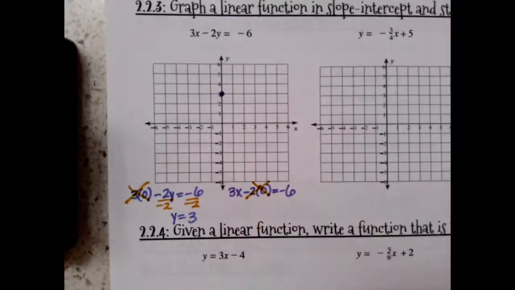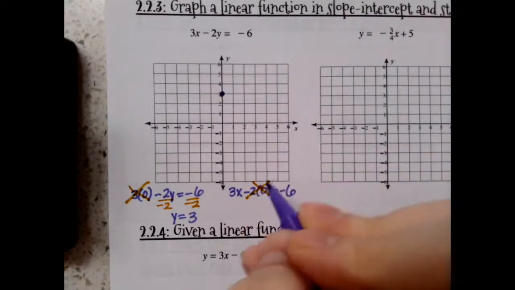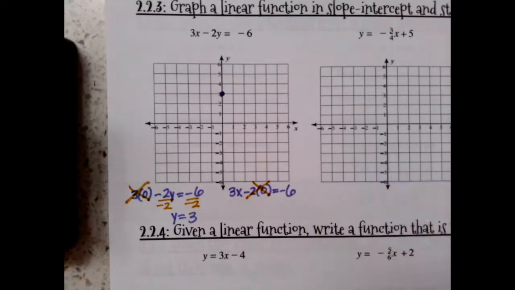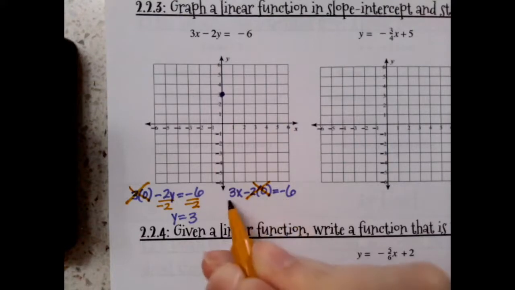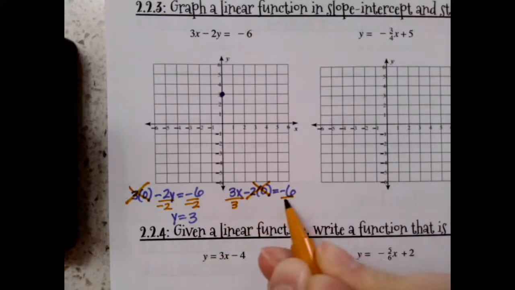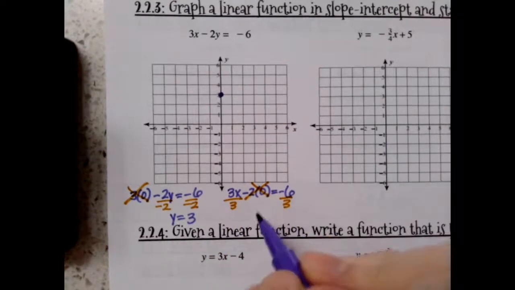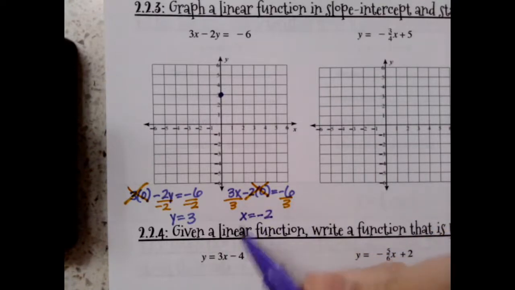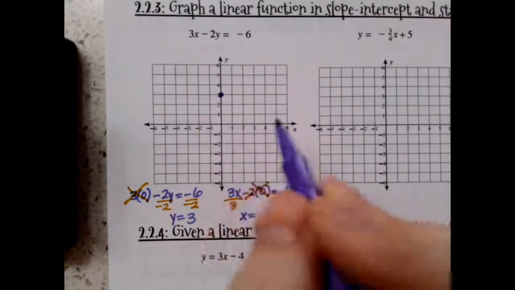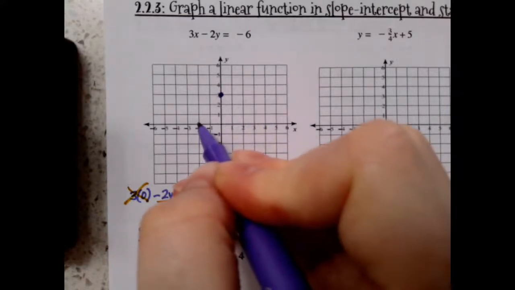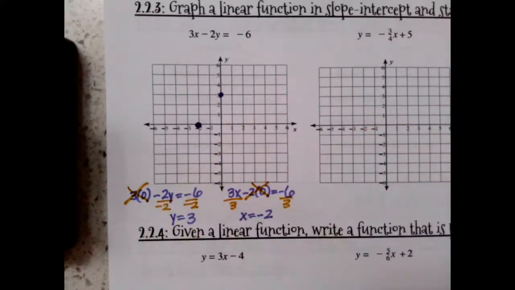Again, the 0 part goes away because when you multiply, you get 0. And if I'm just left with 3x equals negative 6, I just divide. And so I get x equals negative 2. Since x equals negative 2, it needs to go on the x-axis at negative 2.